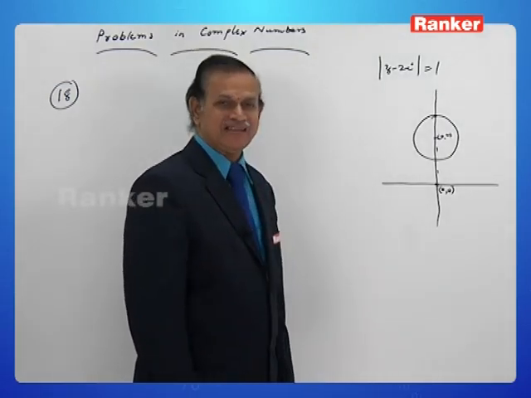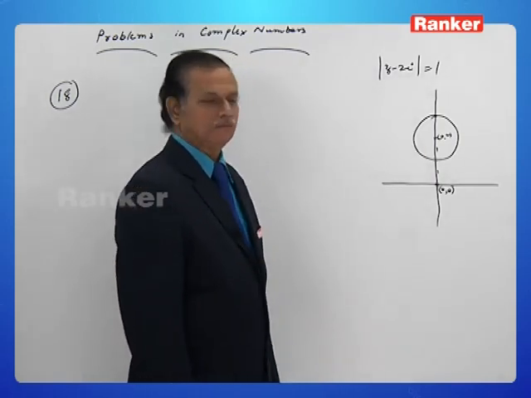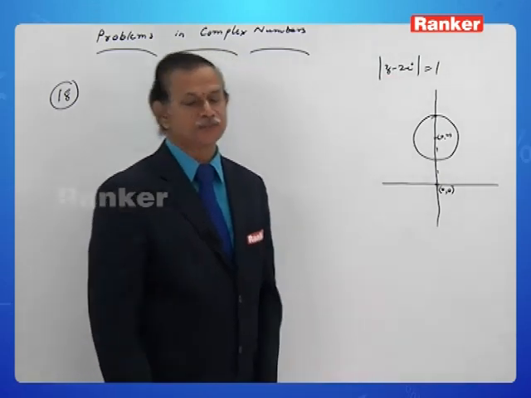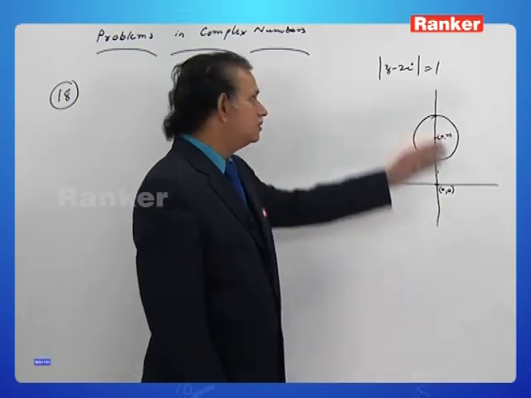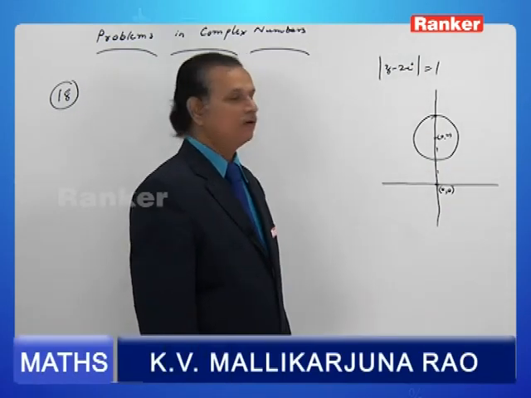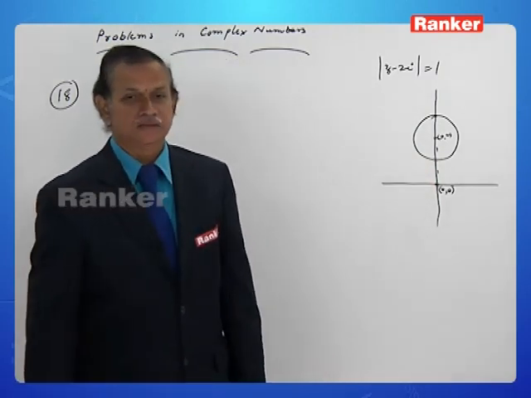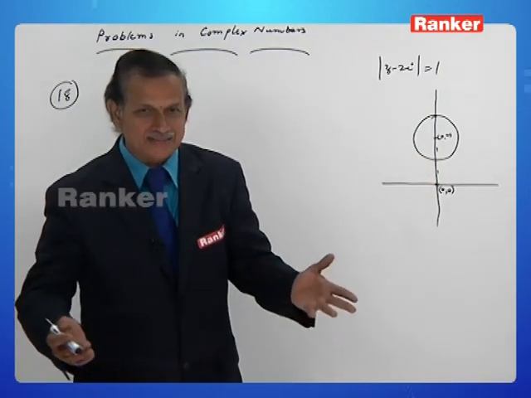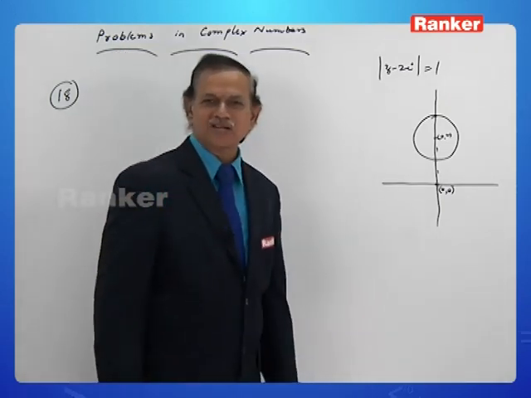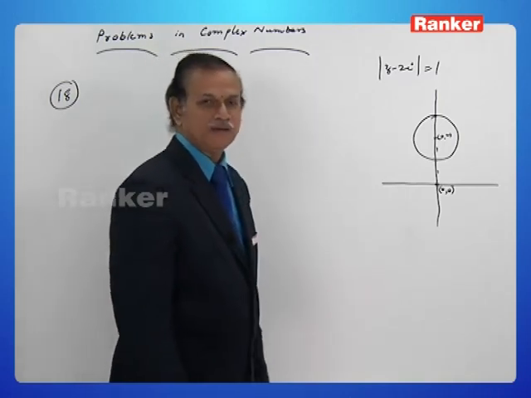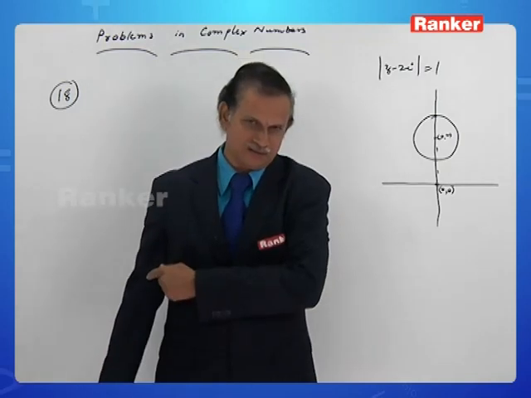Its center lies on the y-axis because the x-coordinate is 0. It is 0, 2, because the complex number 2i is nothing but 0, 2. It is the center and the radius is 1. Therefore, it is a circle with center 0, 2 and radius 1. Our z, that is the heroine of the problem, lies on the circle with center 0, 2 and radius 1. It can stay here, here, here, here or anywhere on the circle.